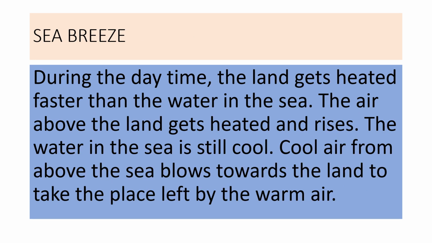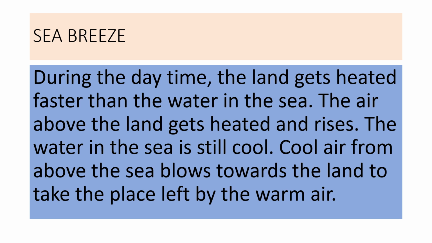Sea breeze. During the daytime, the land gets heated faster than the water in the sea. The air above the land gets heated and rises. The water in the sea is still cool.